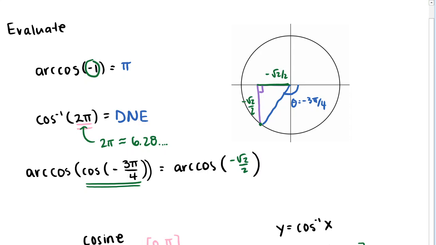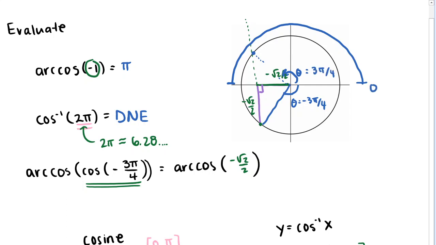Now again, arc cosine is only giving us back angles between 0 and pi. So if we look at an x-coordinate of -√2 over 2 like we have here, we're not going to get that angle that's below the x-axis. We're going to get the angle that falls above the x-axis, because we're only getting back angles between 0 and pi. So we're going to get this angle here, and this angle is 3 pi over 4.